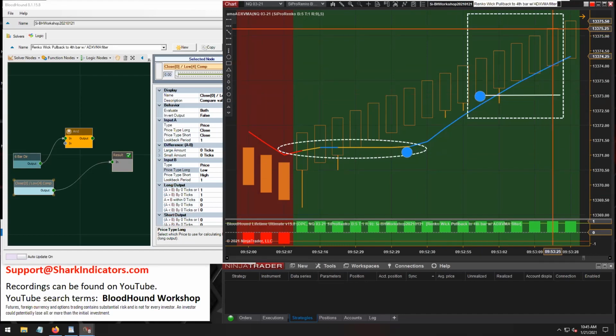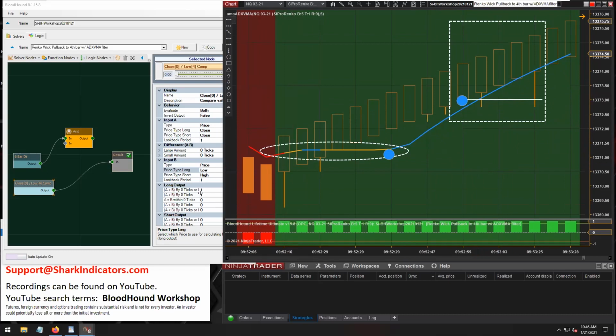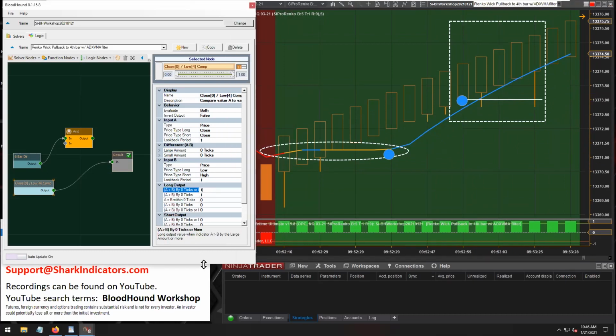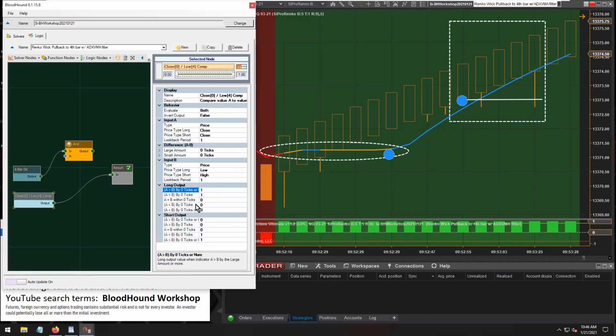Because the close of the bar is going to be up here when that bar closes, but the signal is triggered when the closing price actually comes down here below it. So we won't actually see a signal in real time. And let me finish setting this up so you can visually see here.